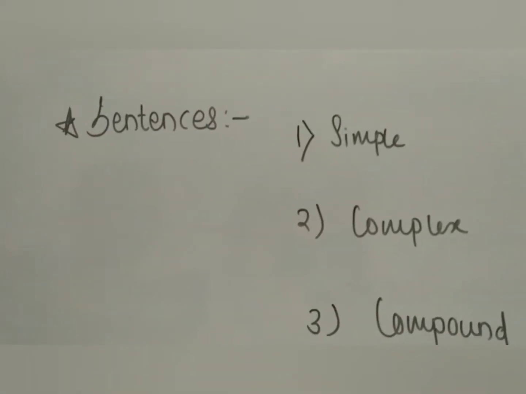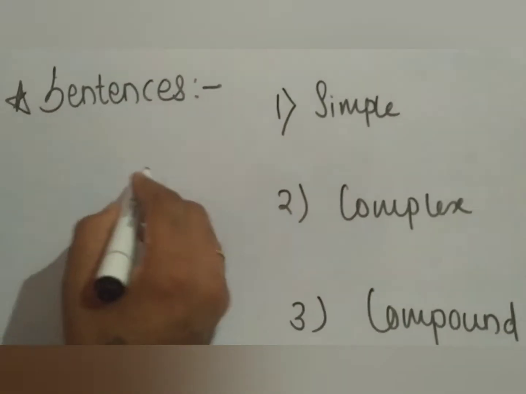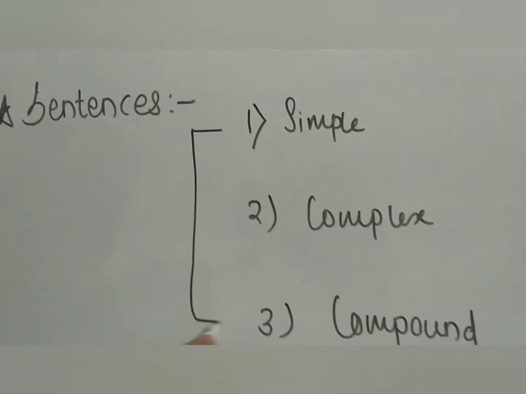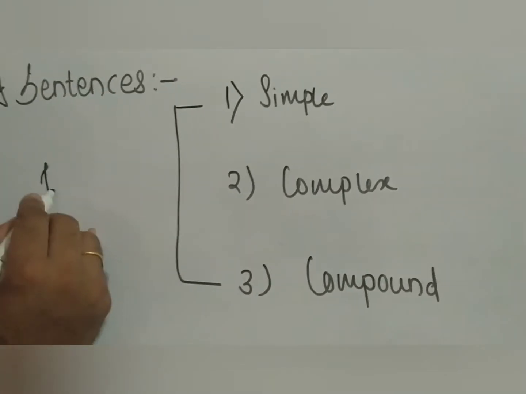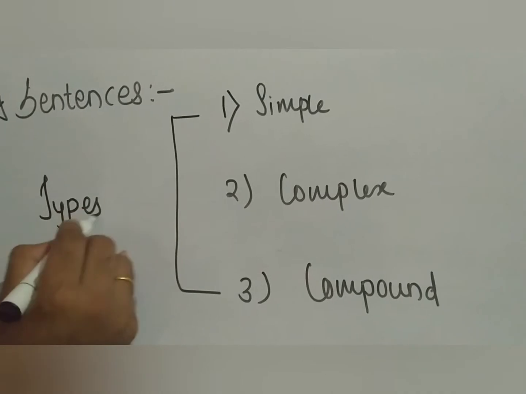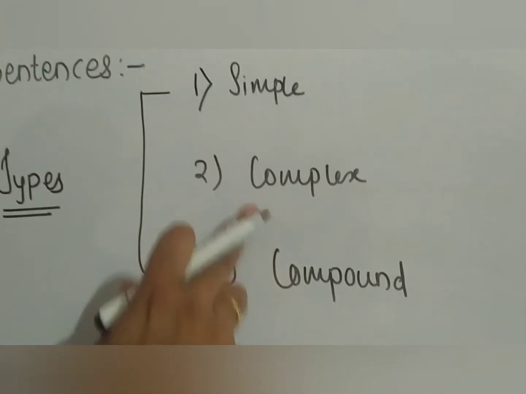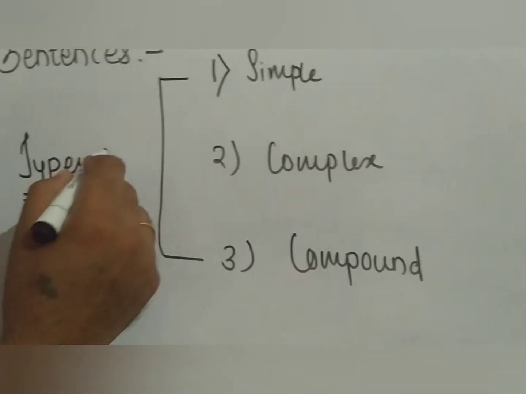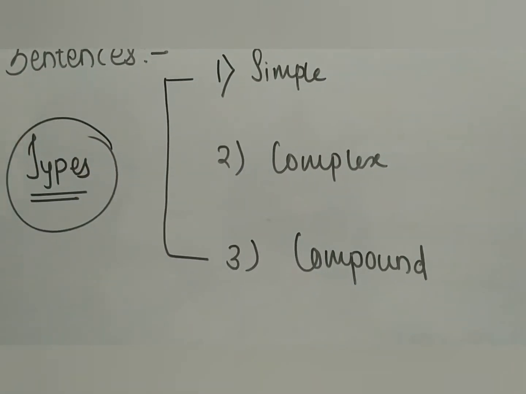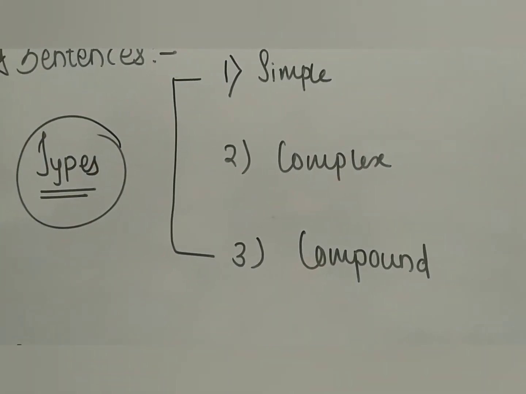Dear friends, now there are three types of sentence. First one is simple, complex, and compound. So these are the three types of sentences.